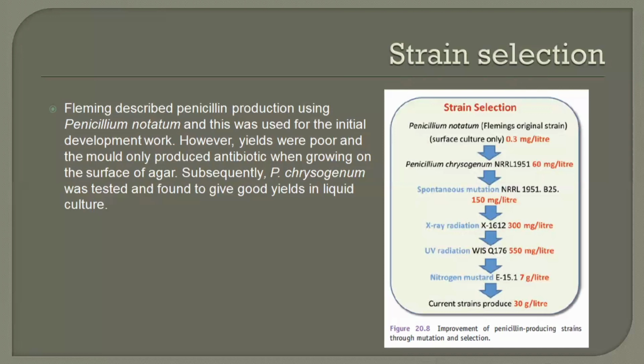So, for instance, what Fleming used was Penicillium notatum, which could produce 0.3 microgram per liter. And over the ages, there has been continuous improvement of the penicillin-producing strains through mutation and selection, and the current strains produce 30 grams per liter.